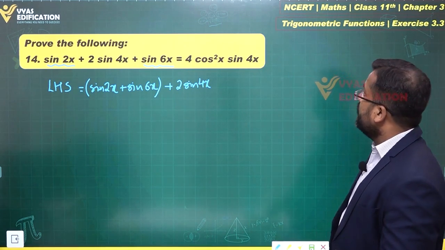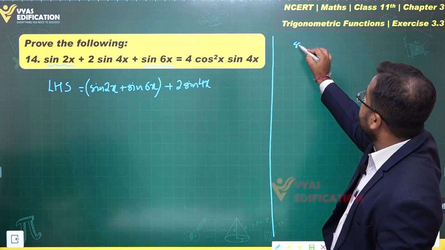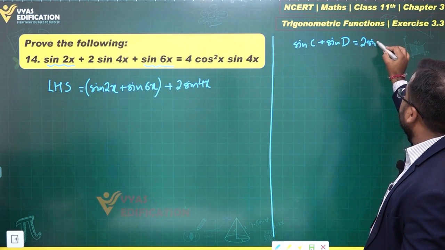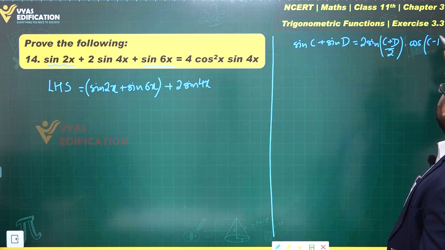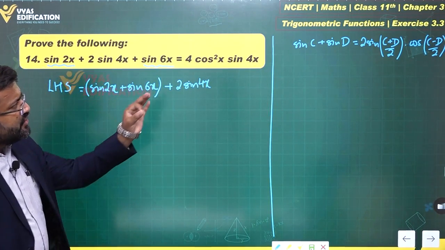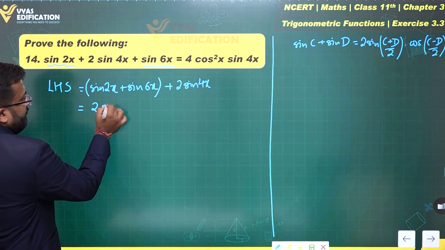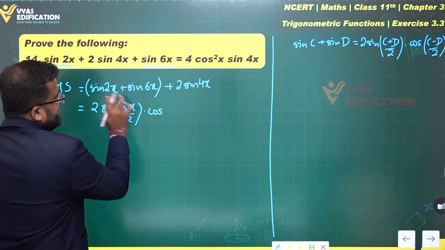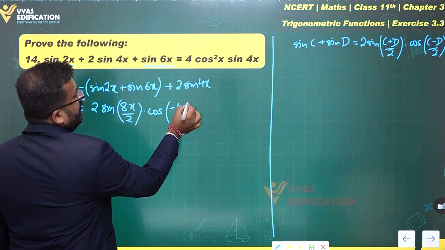What I'll do is I observe that sine C plus sine D is equal to 2 sine C plus D by 2 cos C minus D by 2. Once you know that result, let's use that on this. This will convert to 2 sine of C plus D, 8x by 2, cos of C minus D, which is 2x minus 6x, minus 4x, by 2.